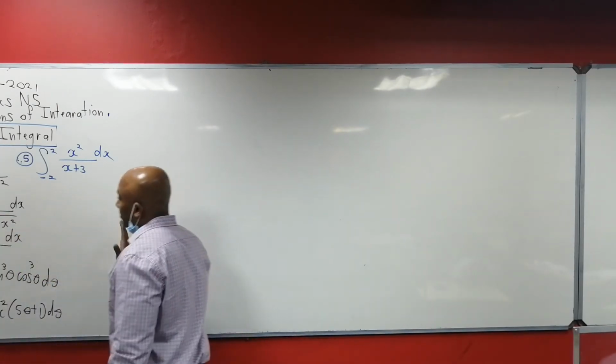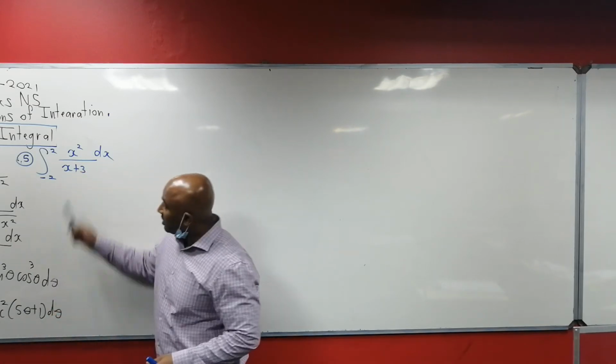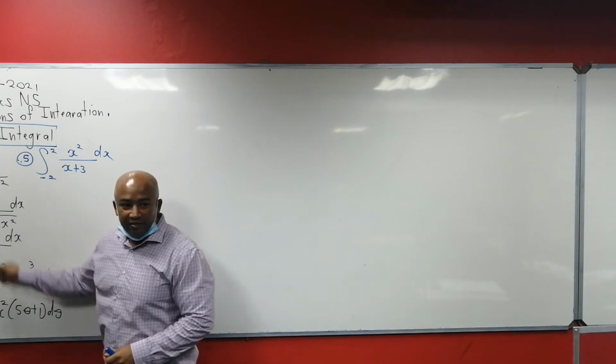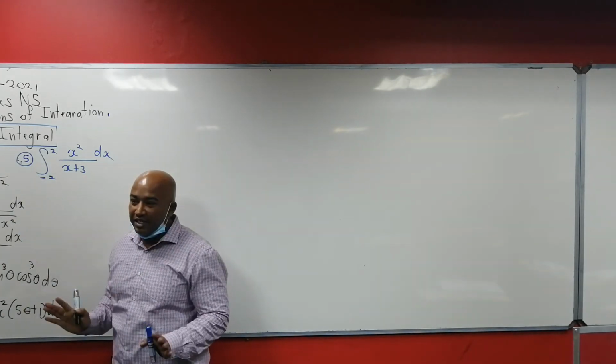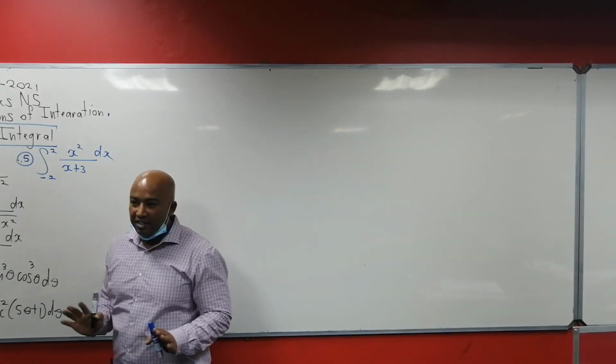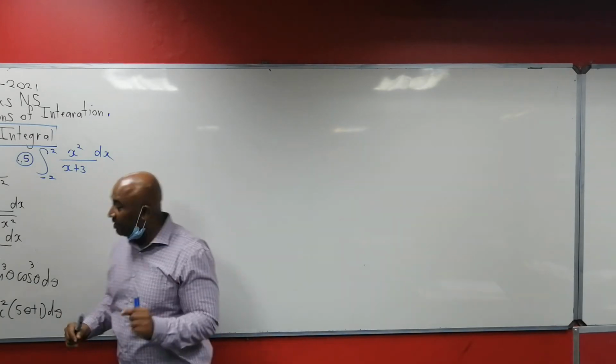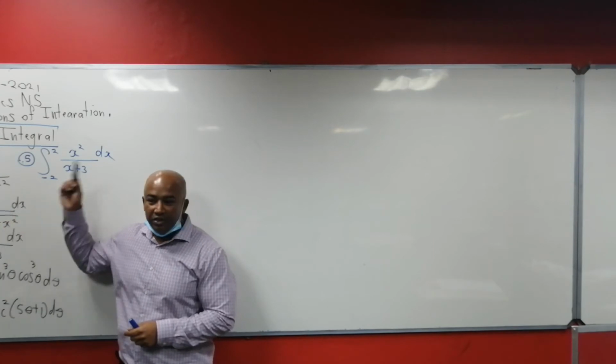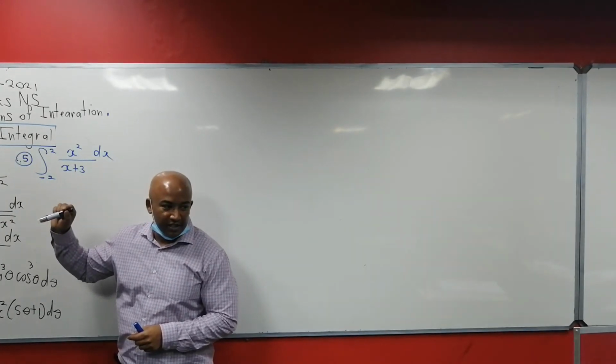Alright, so number 5. So this is a fraction. Remember, there are many fractions here, but the way you integrate them, you need to check a difference. It all depends. If you have a fraction where the numerator is a derivative of the denominator, then you know you're taking ln of the denominator.